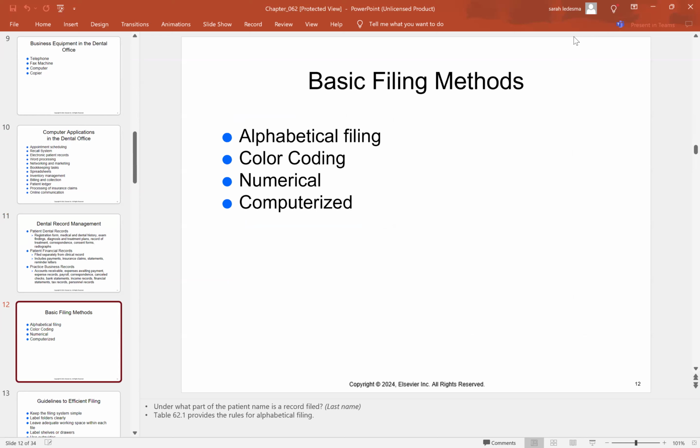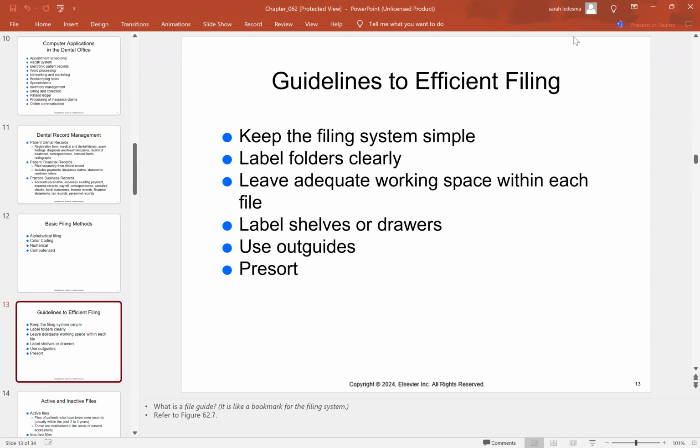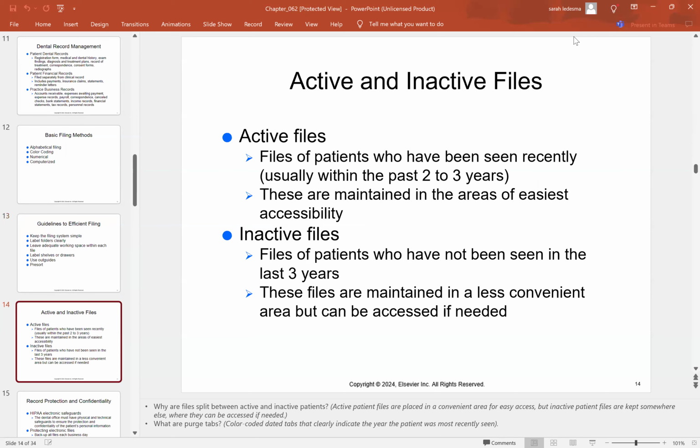Basic filing methods include alphabetical, color coding, numerical, and computerized. Guidelines to effective filing include keeping the filing system simple, label folders clearly, leave adequate working space within each file, label shelves or drawers, use out guides, and pre-sort.